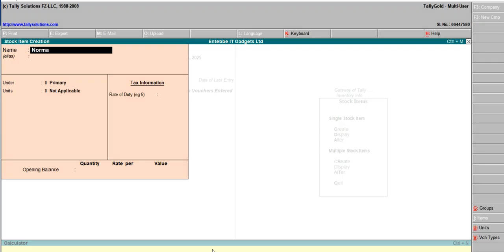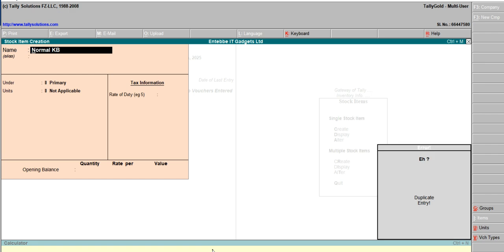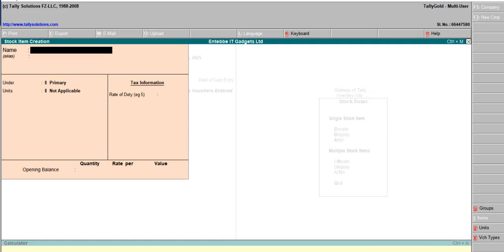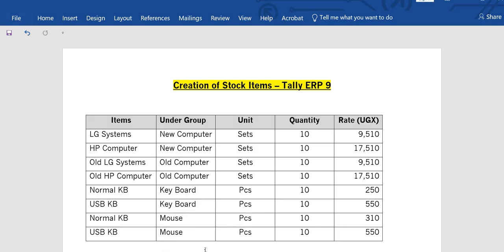Then next is normal KB. We have two normal KBs.